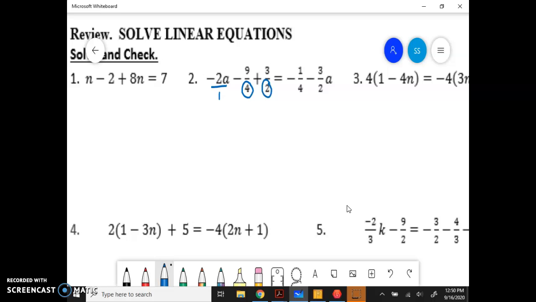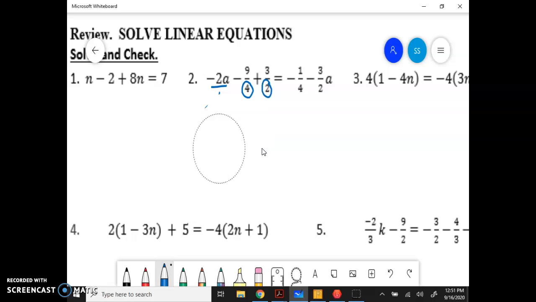So the multiples of 4 are 4, 8, 12. Multiples of 2 are 2, 4, 6, 8, 10. All right, but we can stop already because we already have, there we go. We found our least common multiple.